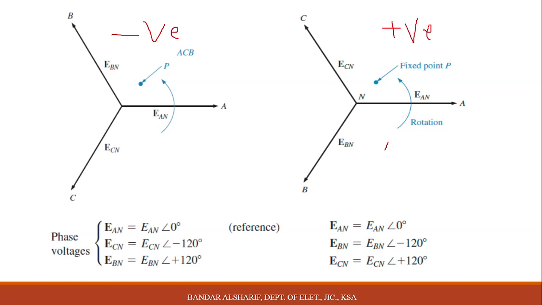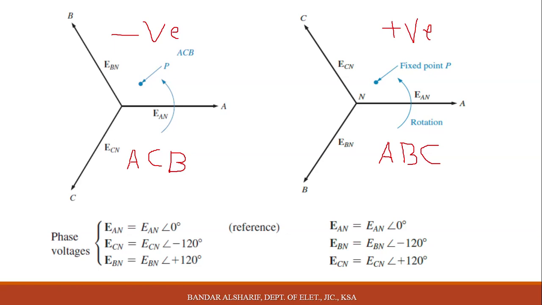This means positive sequence, called A, B, C. And here negative sequence, we change ECN and EBN, here EBN and ECN. If we rotate the vectors counterclockwise, you will find EAN cuts the point first, then ECN, and finally EBN. This means A, C, B, the negative sequence.